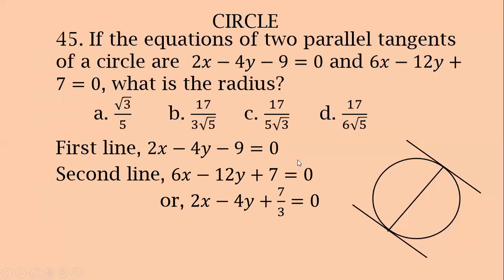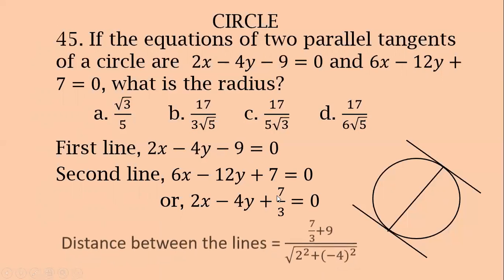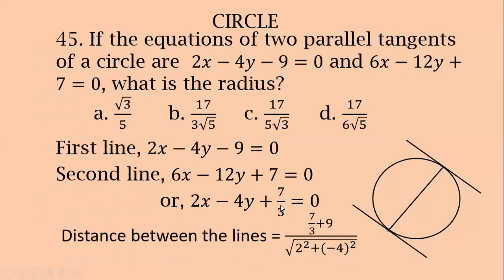Now we need to find the distance between these two parallel lines. We know the formula: if we consider this is c1 and this is c2, then the distance between the lines is |c1 minus c2| divided by root over a square plus b square. This is the distance between the parallel lines, that is, the diameter. After simplification, take this 3 in the denominator.